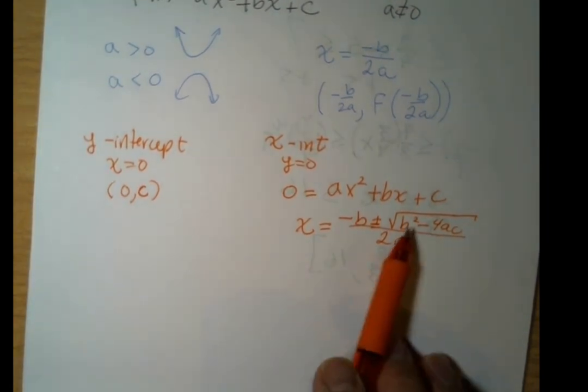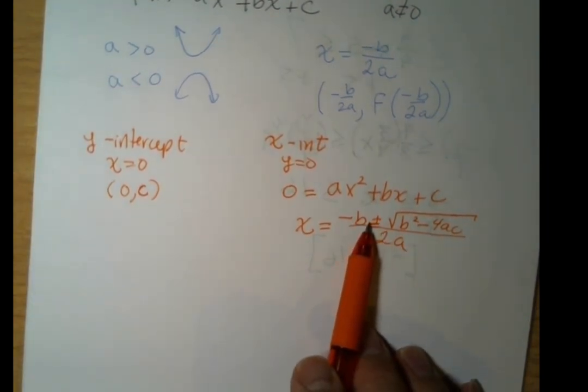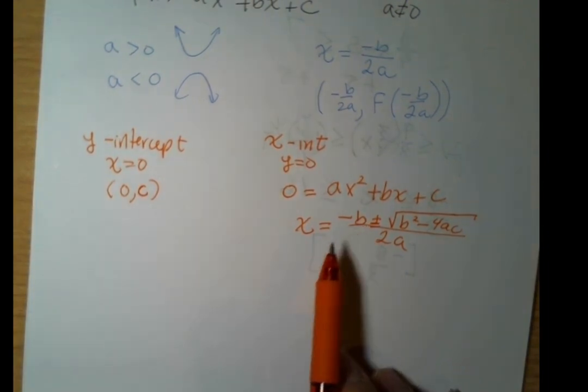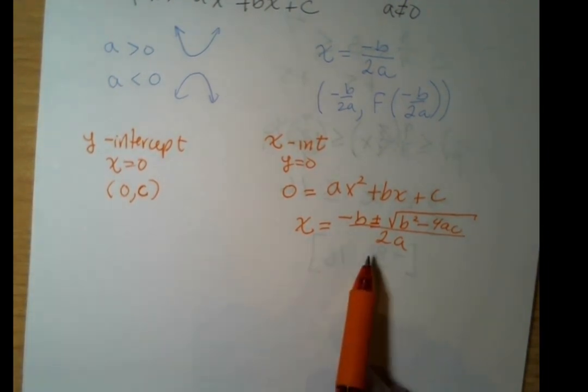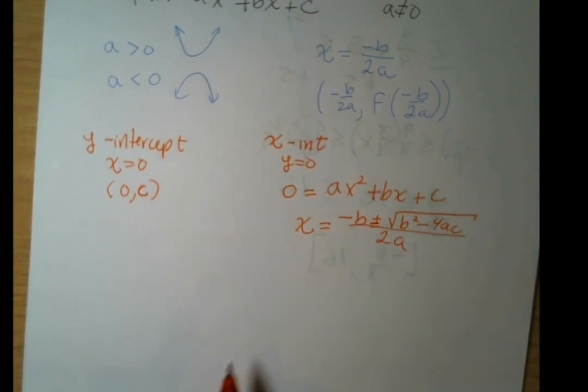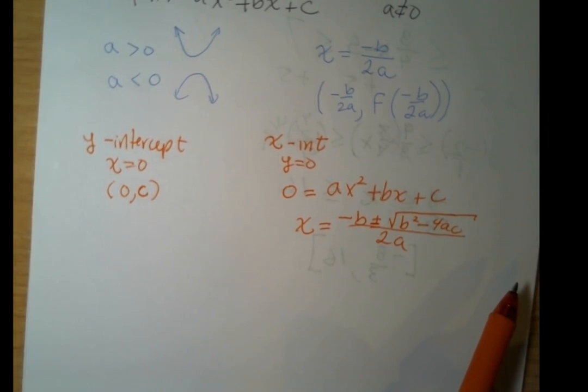If this is 0, there's no possibility of 2. We just really have 1 x-intercept, and that would be negative b over 2a, which again would be the vertex. That's the instance where the vertex simply touches the x-axis, and then either opens upward or downward from there.